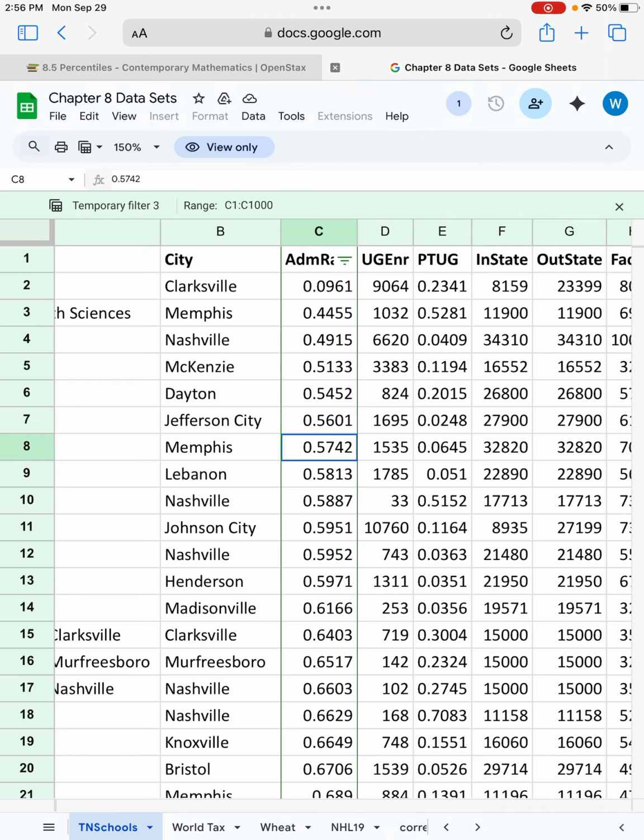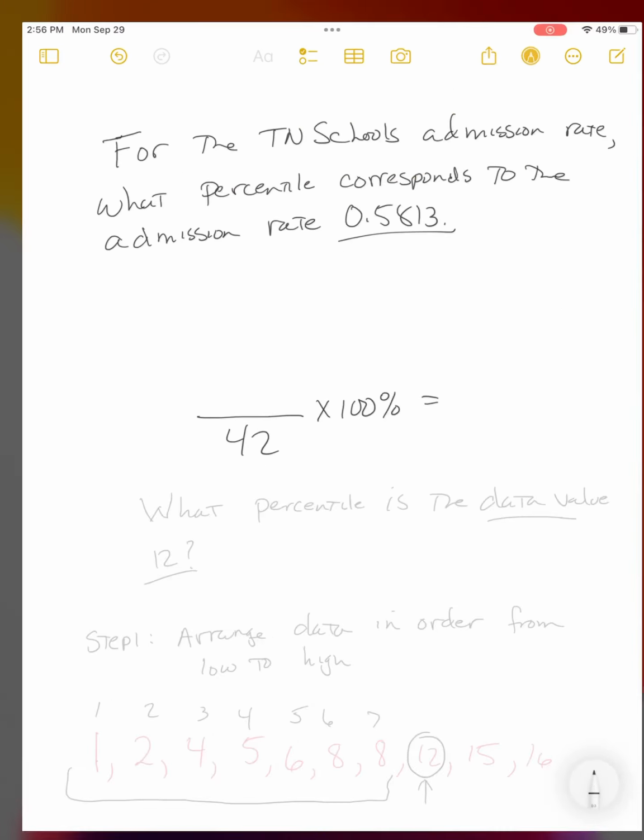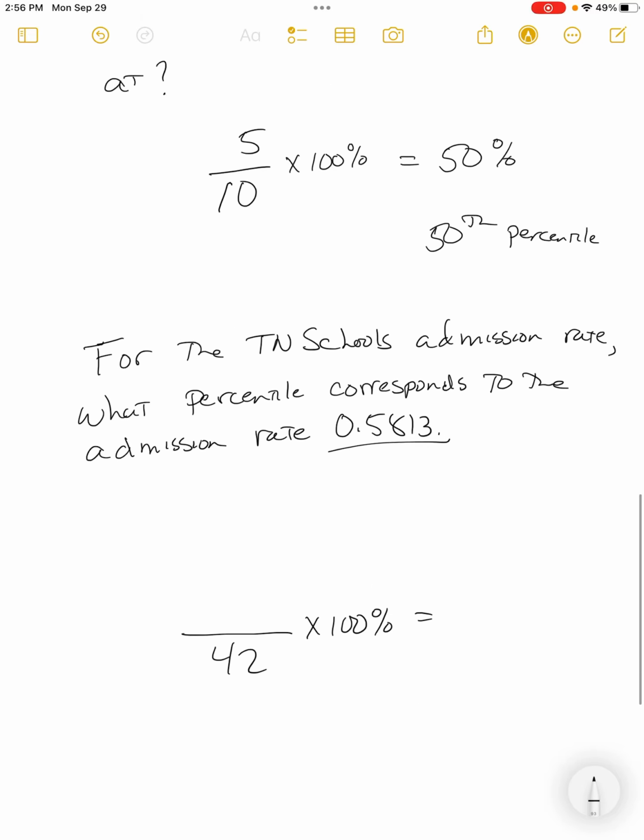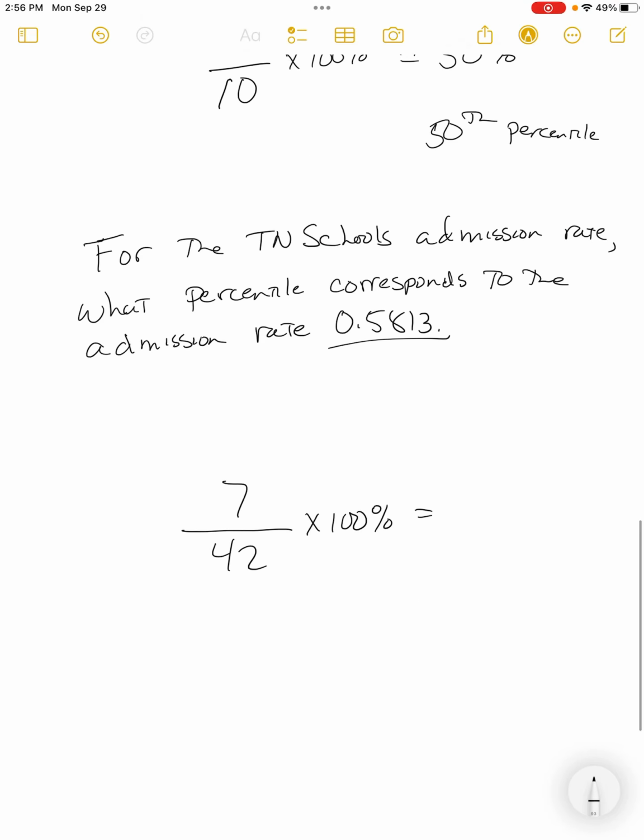If I count the values before it, there's 1, 2, 3, 4, 5, 6, 7 values below it, again starting at the 5742 because it's below. So only 7 out of the 42 are below that.